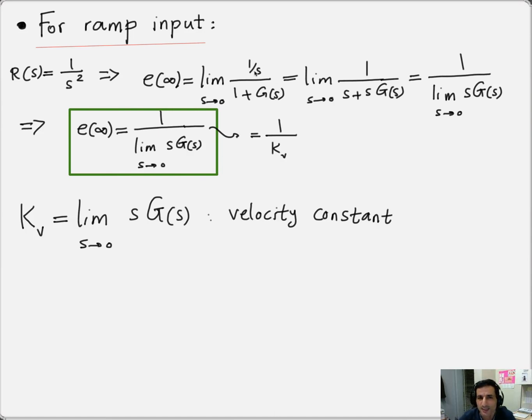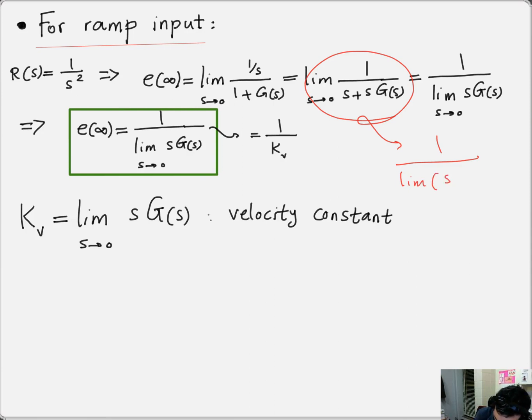If we bring s from the numerator to the denominator, it would be the limit of 1 over s plus sG of s, which is 1 over the limit of s plus sG of s when s goes to 0.